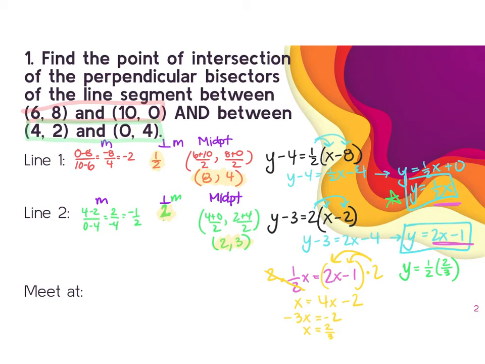I substituted 2/3 in for x. Now I can see, using the good as gold strategy, these two cancel. y equals 1/3. Now we have our x value and our y value of our ordered pair. So our ordered pair, or where they meet, is at (2/3, 1/3).